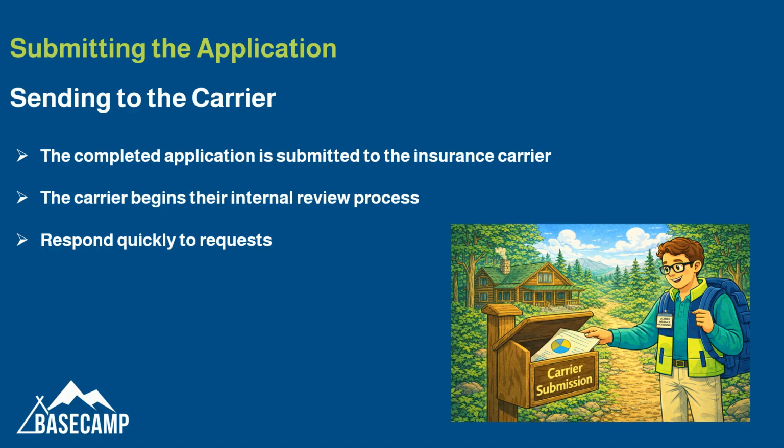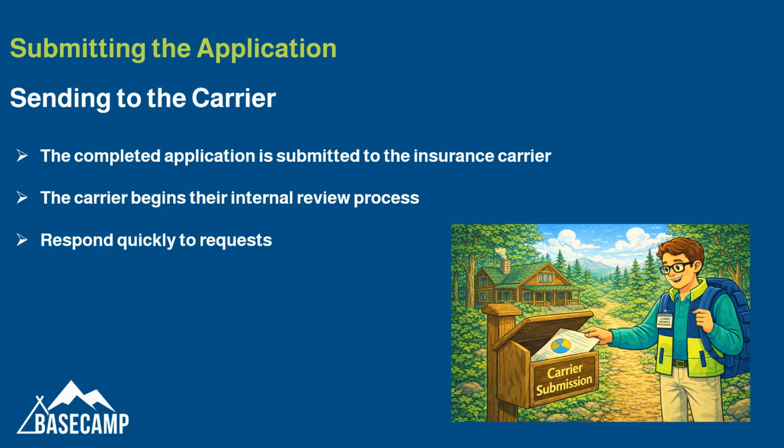After the case is received, the carrier reviews the information that was provided in the application. This review helps confirm that the documentation is complete and that the details recorded throughout the process are consistent with the information submitted. In some situations, the carrier may reach out if additional clarification or documentation is needed. When that happens, responding promptly can help keep the case moving through the review process.